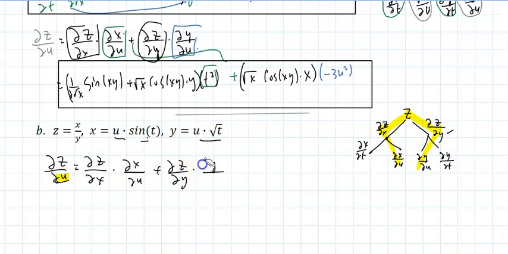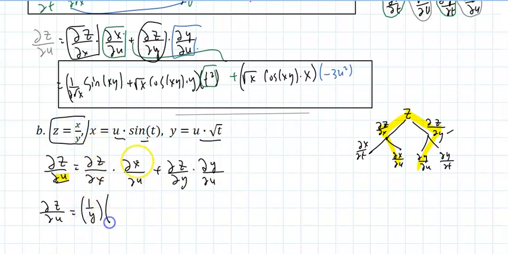They look like 2's, I apologize, that's actually a partial. I get carried away. With respect to U, the partial of Z with respect to U will be the derivative of this partial with respect to X, which is 1 over Y, times the partial of this with respect to U, which is the sine of T, plus the partial of Z with respect to Y, which is negative X over Y squared.